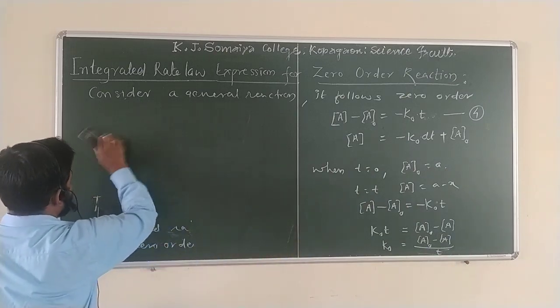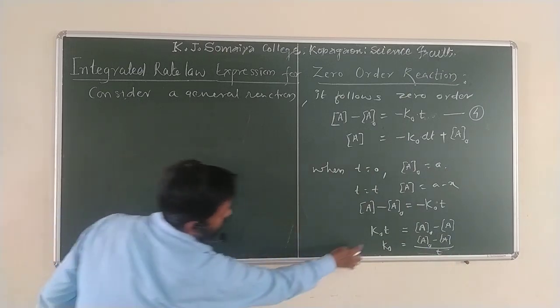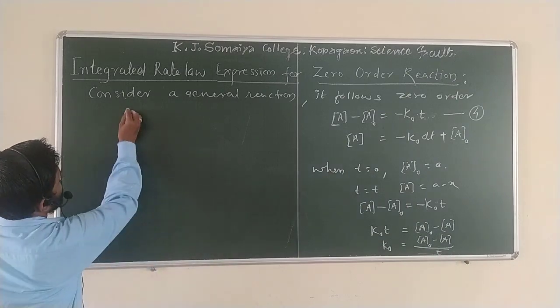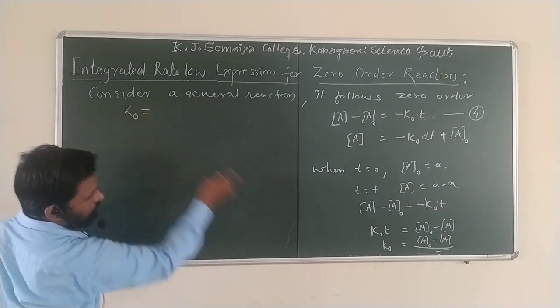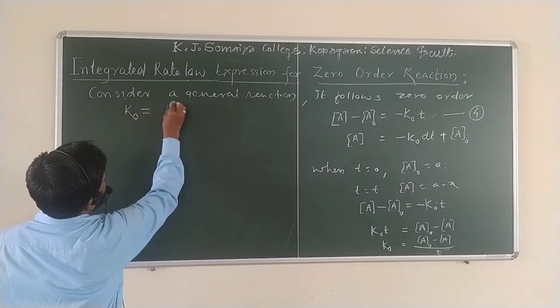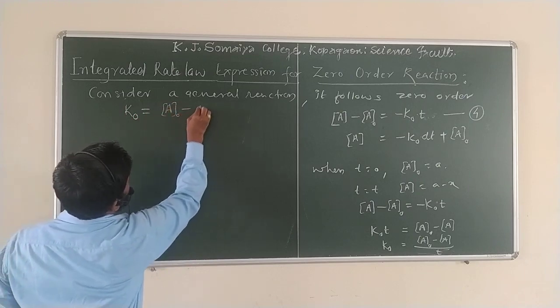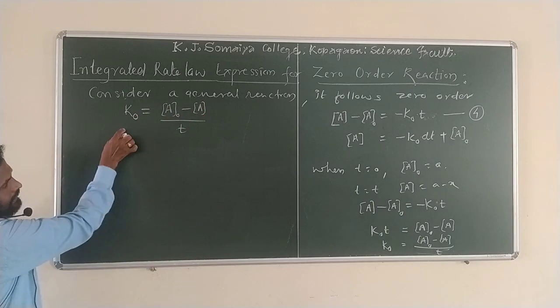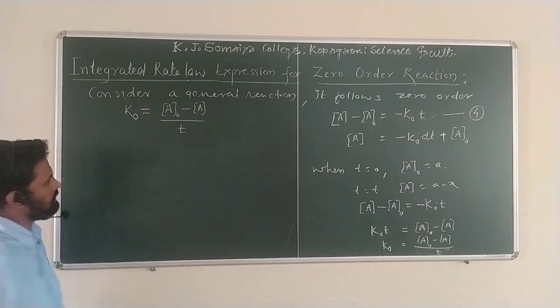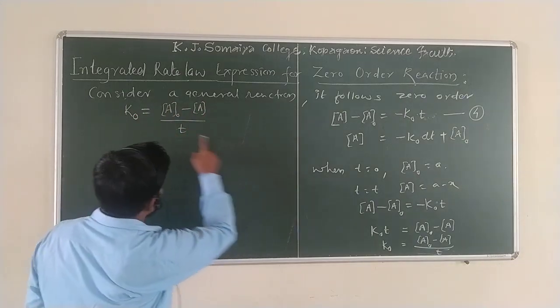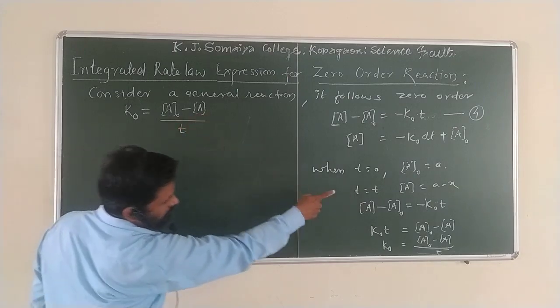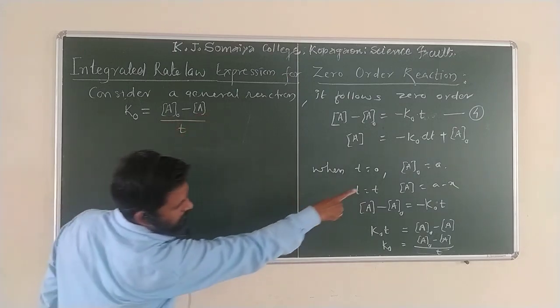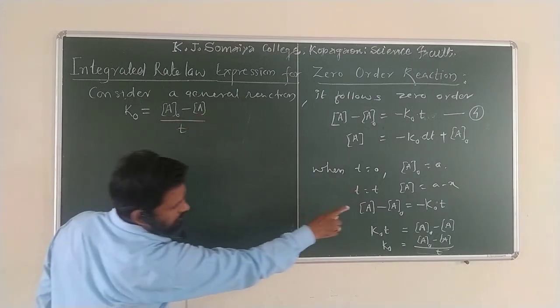So now this can be written as K0 equals A0 minus A upon t. This is the rate constant for a zero order reaction. If you substitute the values of A0 and A: A0 is nothing but A, and A is nothing but A minus x.